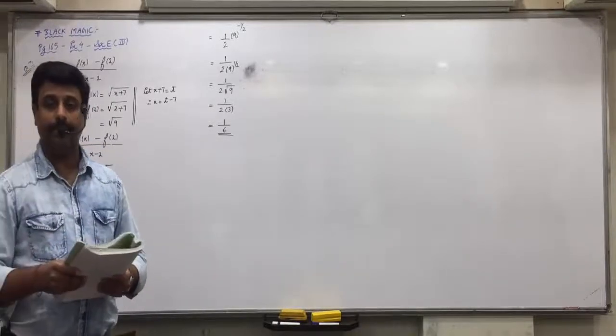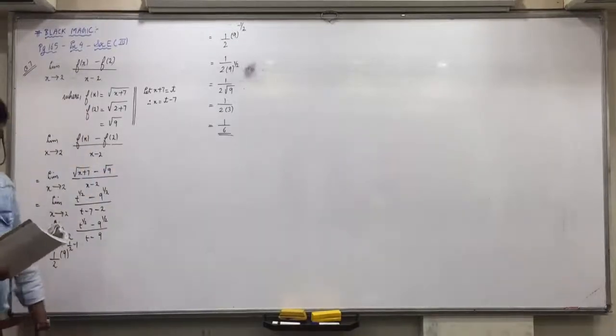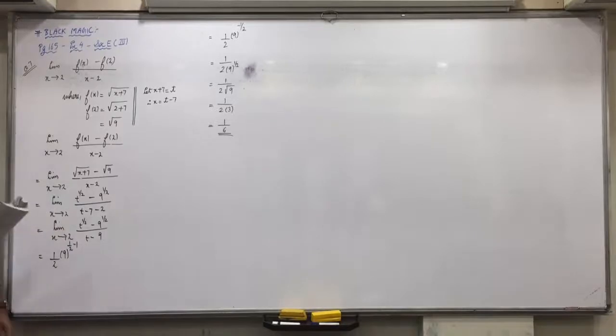Illustration 21. Just have a look at this thing. Is it a similar one or not? X plus 7 you will take as t. And instead of 3, you write root of 9. Is it fine? Instead of 3, can you write root of 9?